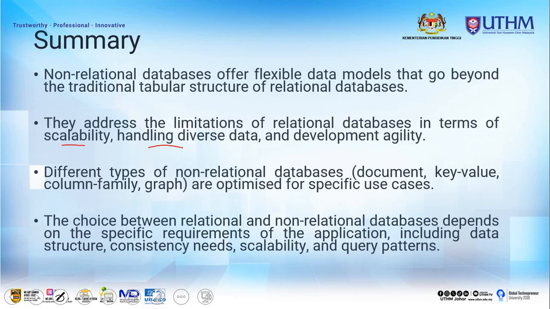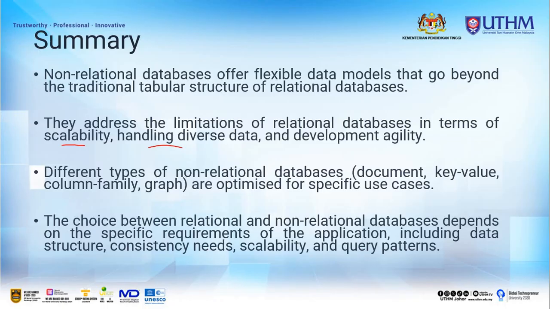The choice between relational and non-relational depends on the specific requirements of the application, including the data structure, whether structured, unstructured, or semi-structured. It is up to you based on the scenario you are facing. That's all for chapter 1.